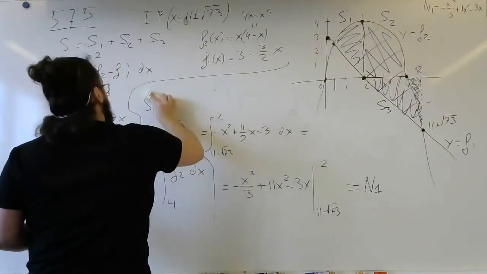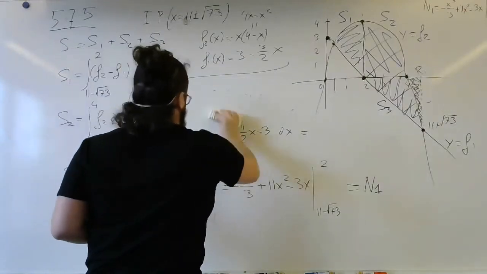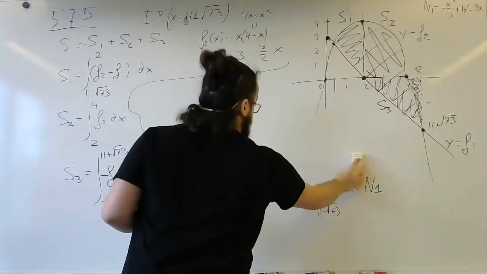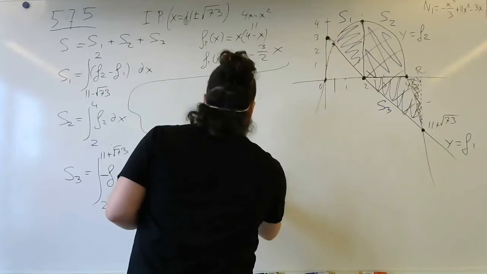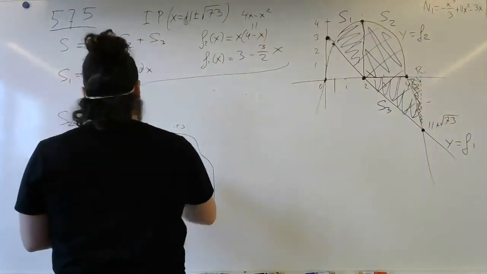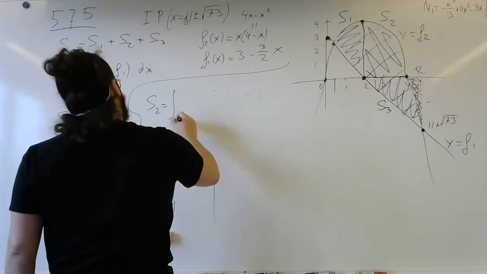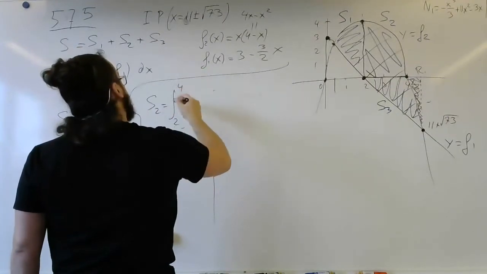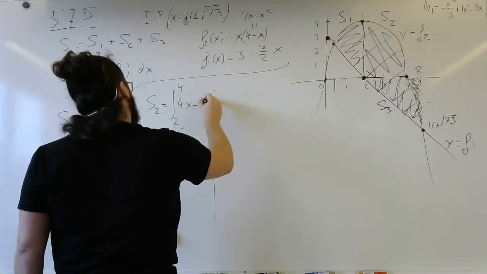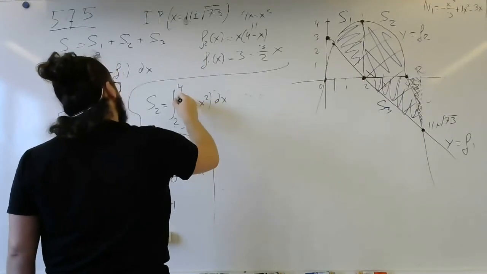Second area is a bit more user-friendly, as it's the integral of a line. Sorry, it's the integral of a parabola. S2 is the integral between 2 and 4 of 4x minus x squared dx.